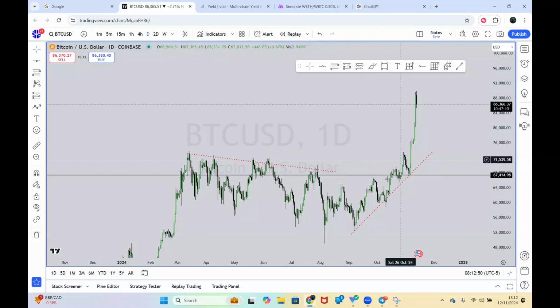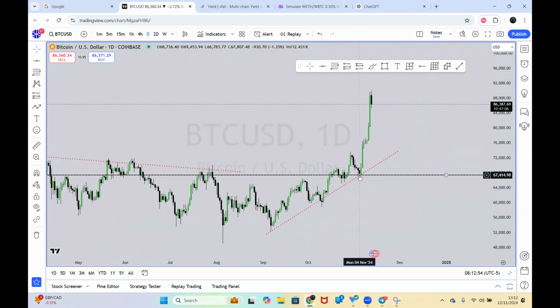Price was over here. We had this trend line drawing, and you can see that when price retraced back down into the trend line, it was also retracing into this support zone. So that is an example of confluence of a couple of different things pointing us to the same conclusion that price could well bounce from this level here.